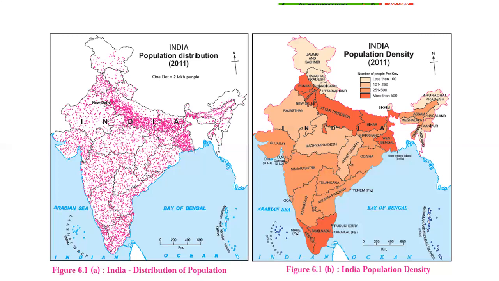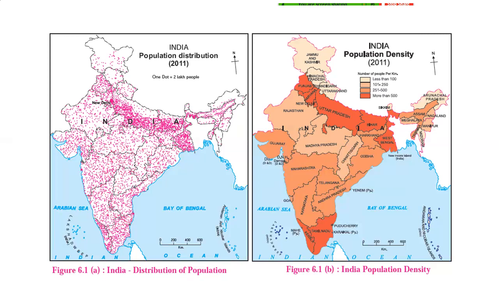If you look at figure 6.1a on page 38 of your textbooks, you will see that this map shows the distribution of population in India. This map has made use of the dot method to represent data.